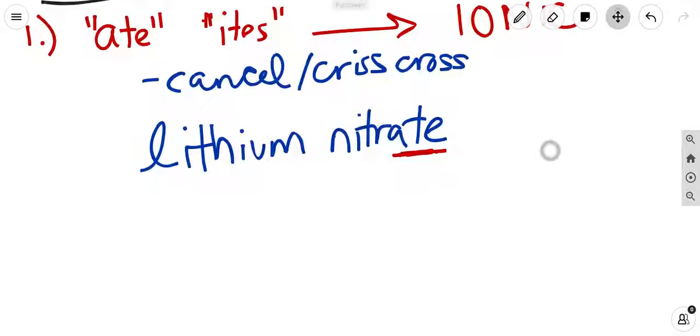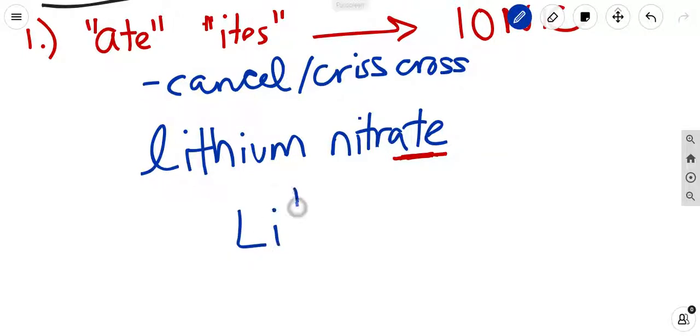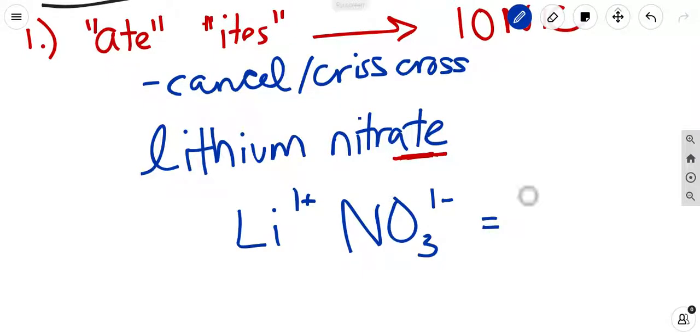So when you do this, you're like, okay, lithium is in group 1. Nitrate is a polyatomic. You'll have to go back to that chart. And my charges are the same, so I cancel. All right, so that was the first key, is that I saw ate.